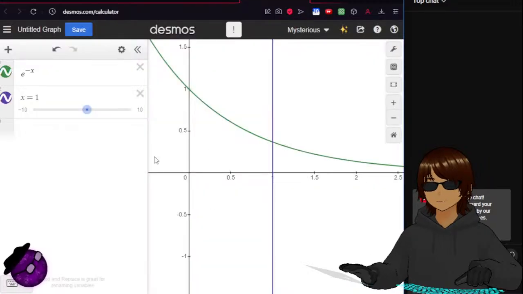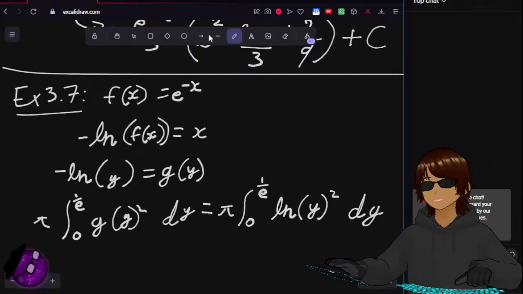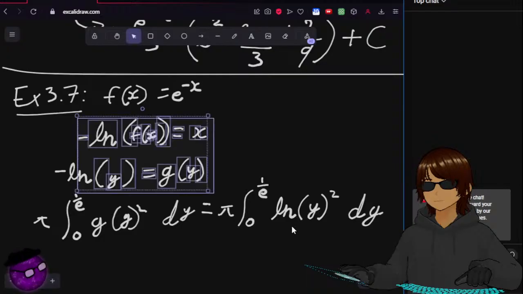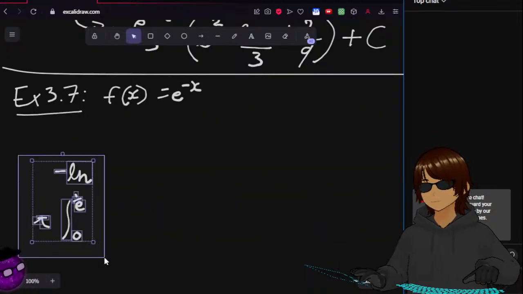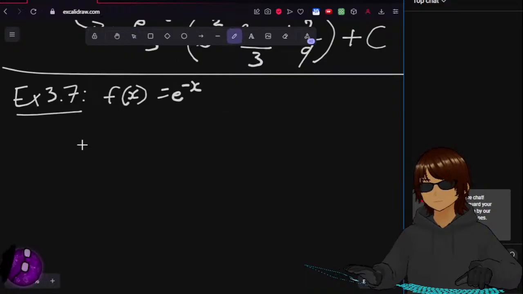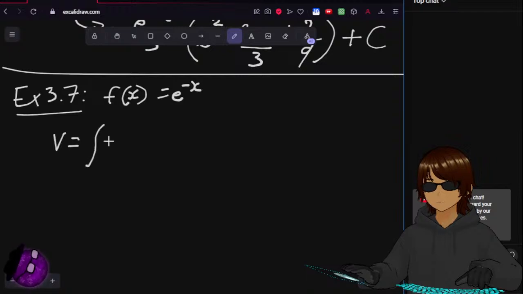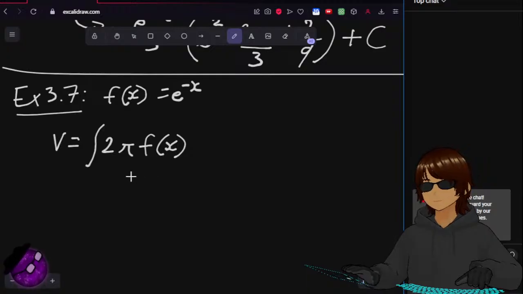I'll have this going around the y-axis. Oh yeah, cylindrical shells, I think it was called. I have to use that. So the volume is 2 pi x f of x.